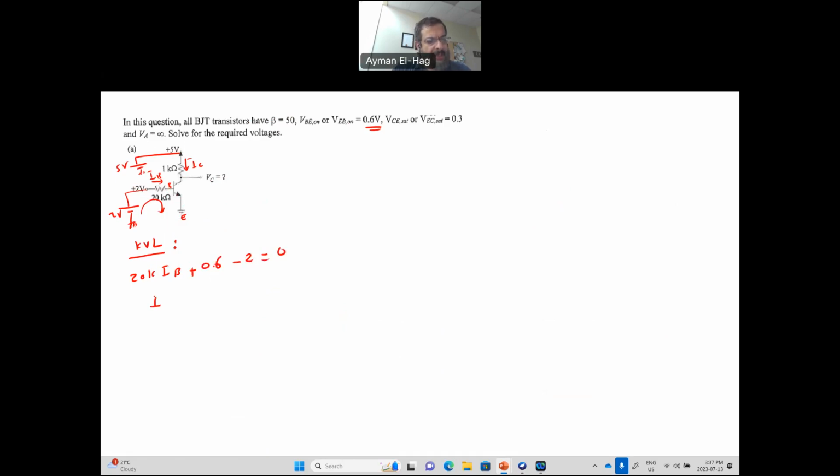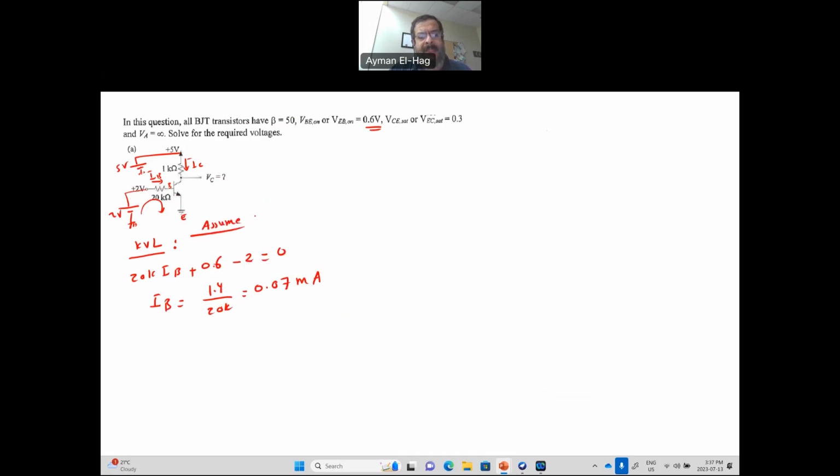So we will have IB equal to 1.4 volt divided by 20 kilo, which is equal to 0.07 milliamp.